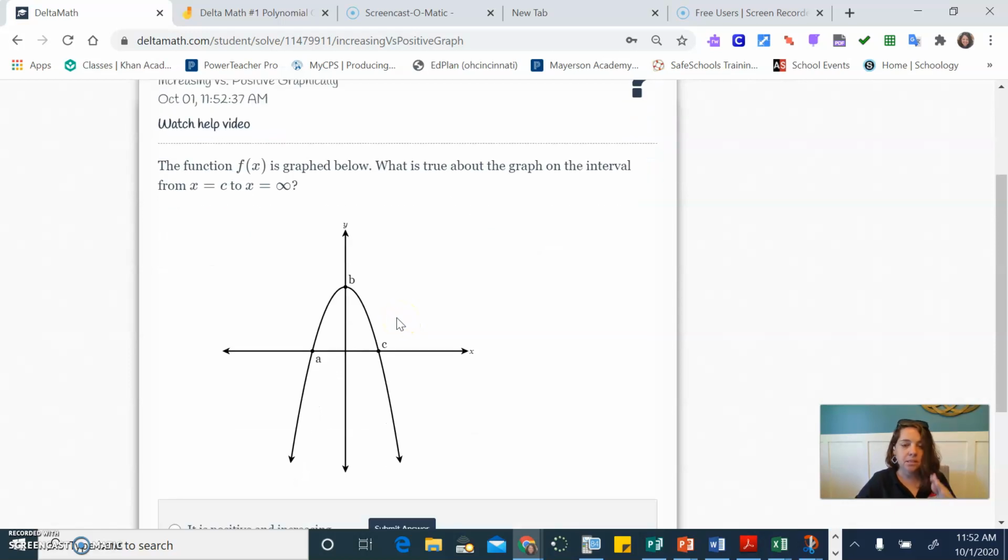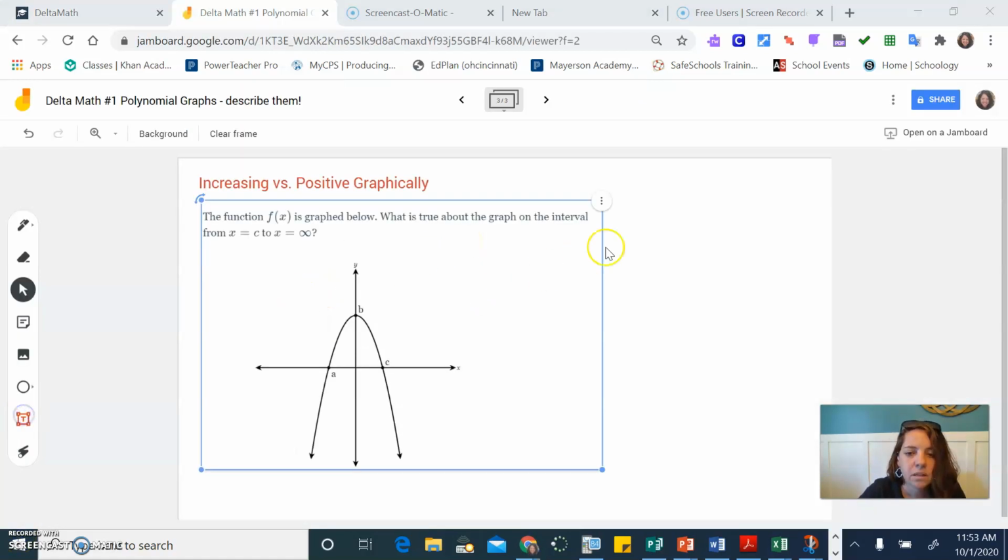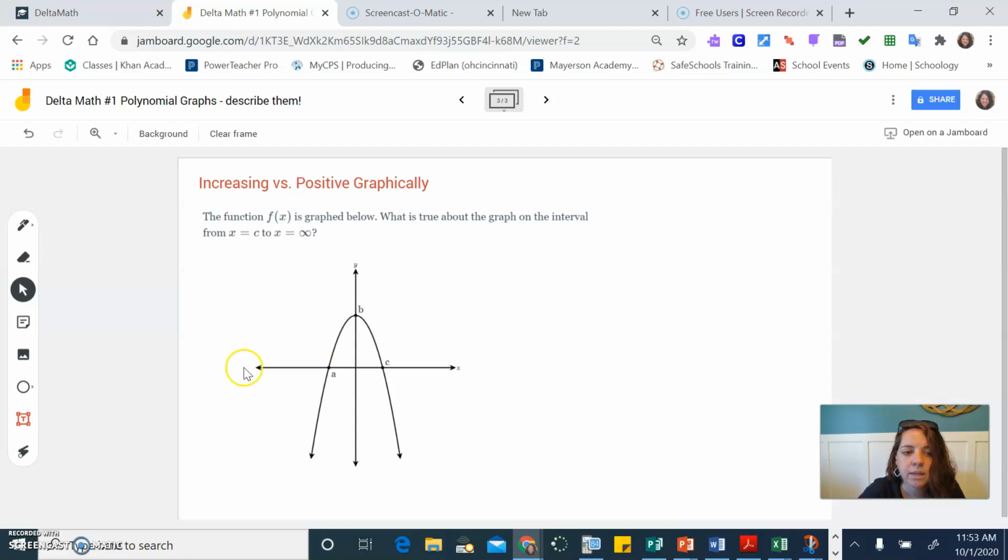Increasing means it's going up and to the right as you go to the right, okay? So when we talk about the word increasing, you can think of it as, is the slope positive? That's one way to think about it.